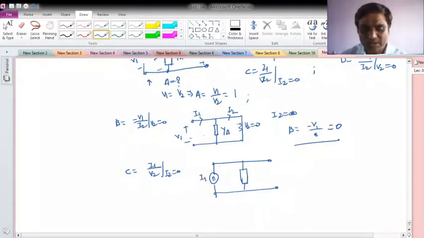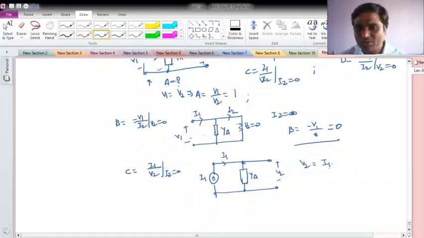This is my current flowing this way, this is YA, and I2 is 0, but V2 will be something like this here. So V2 will be equal to I1 into impedance, but here it is admittance, so V2 will be I1 upon YA. So I1 over V2 will be equal to simply the admittance. This is the C parameter.